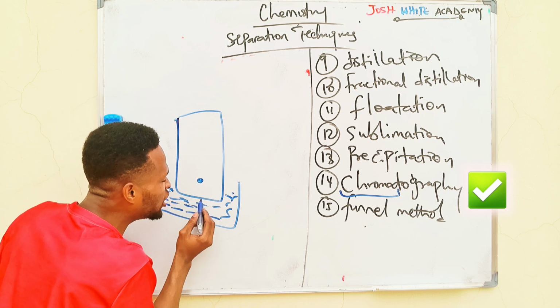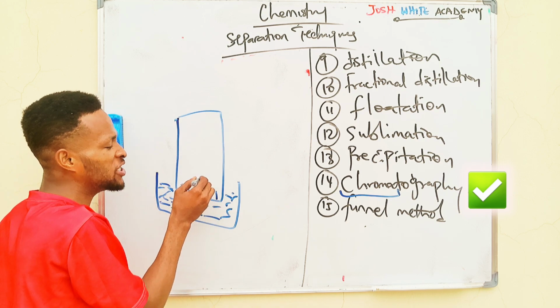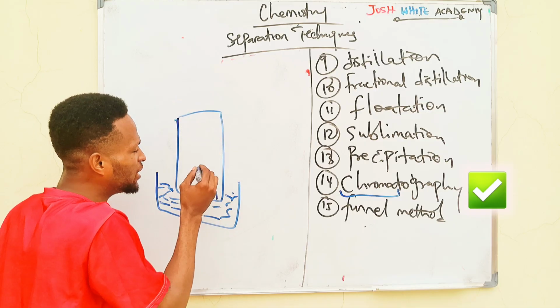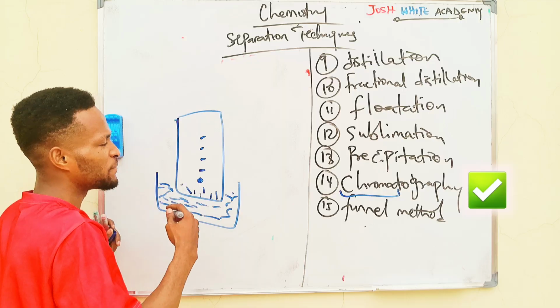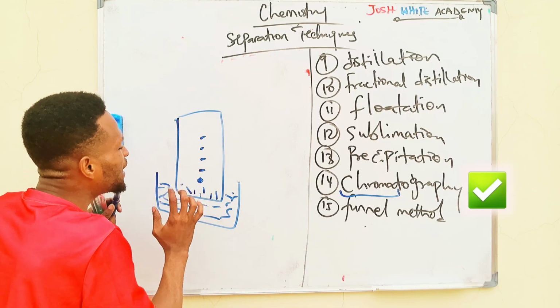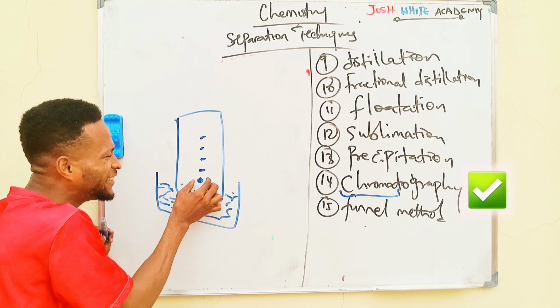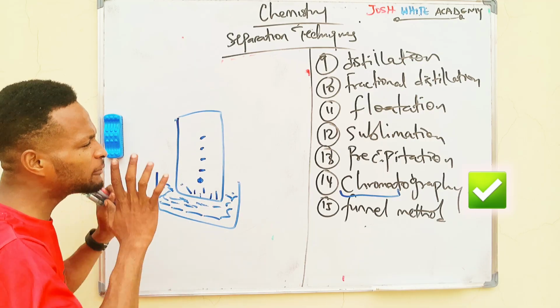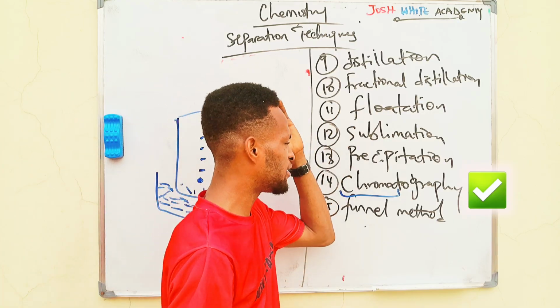As this liquid begins to rise up the absorbent and comes in contact with our pigment, it continues moving and it will be dropping different color changes as it moves up. By that, you will know the different component colors that make this pigment. That process is known as chromatography.